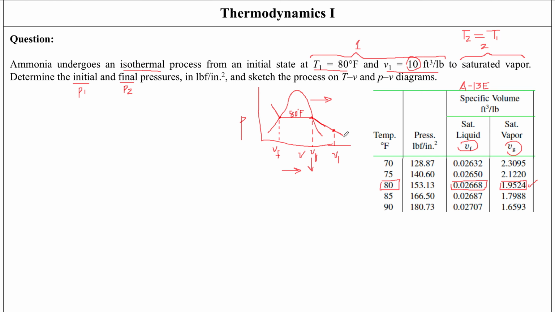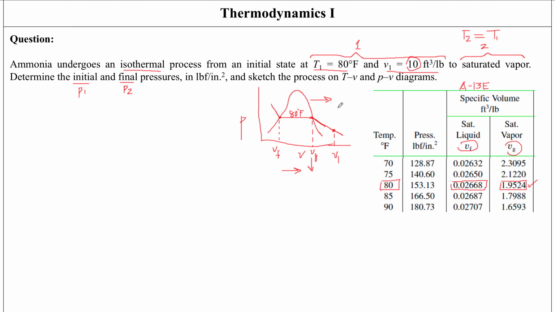Okay, so that means that ammonia at state 1, we've already discussed this, and if you haven't taken a look, I'll leave the link here for you so you can go through it again. What this means is that ammonia is in the form of a superheated vapor right now. This is the superheated vapor region on this side.